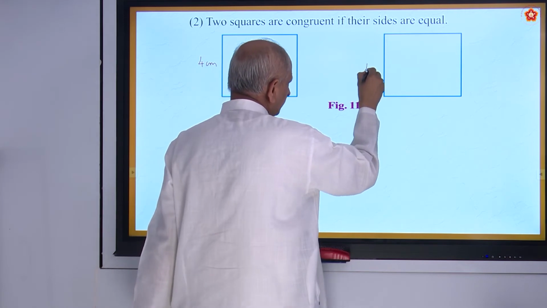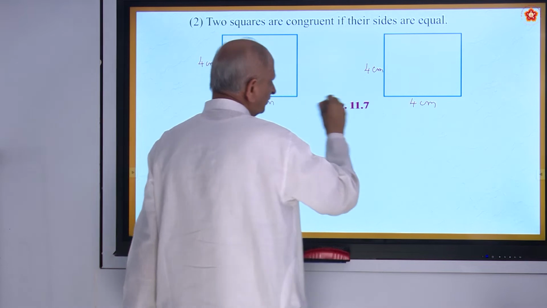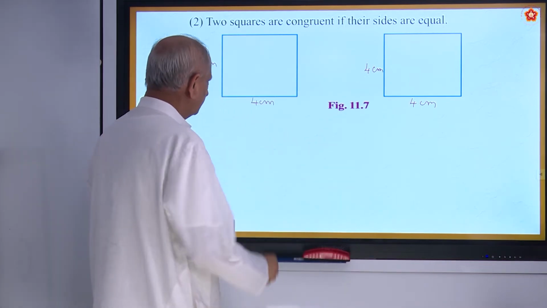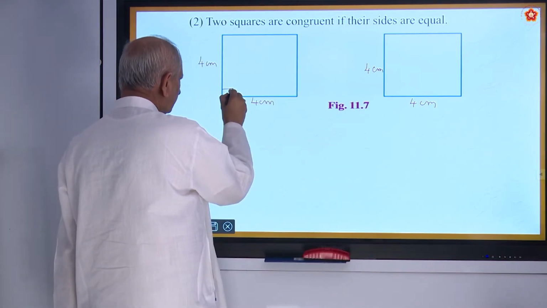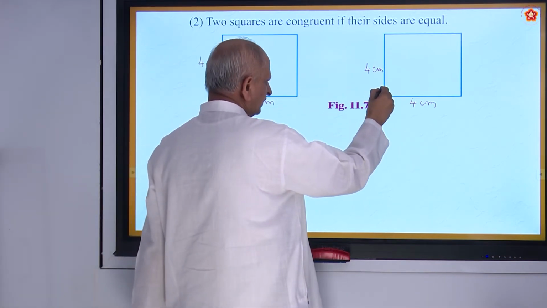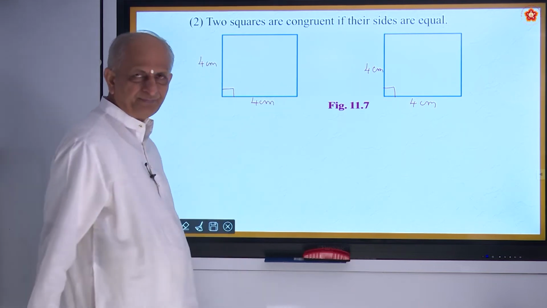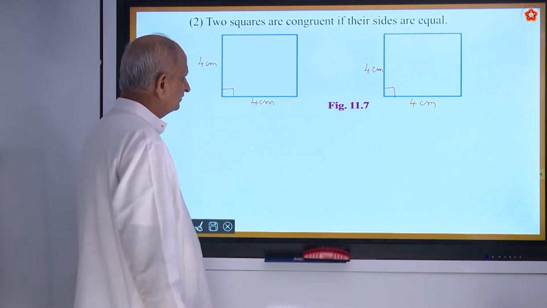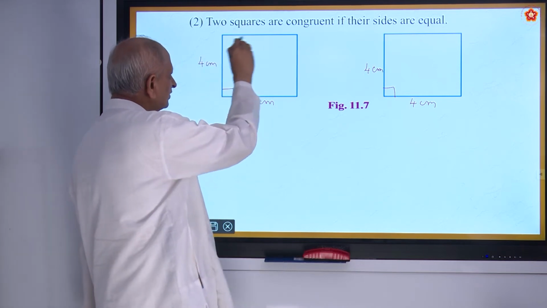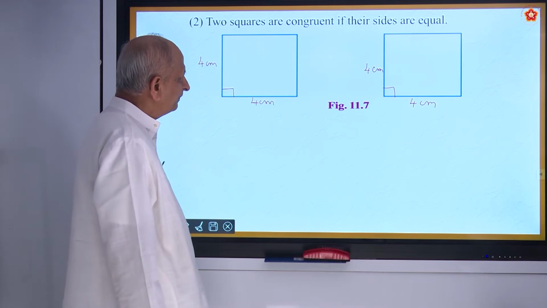And if you have same length here also, breadth also, we say congruent squares. Naturally all the angles are right angles in a square. So it has got same shape and same size. Therefore we say the square ABCD is congruent to square PQRS.